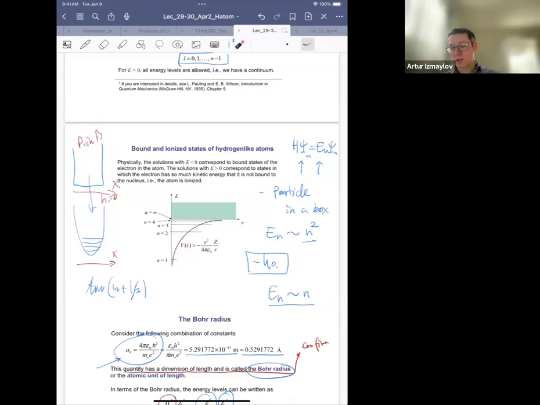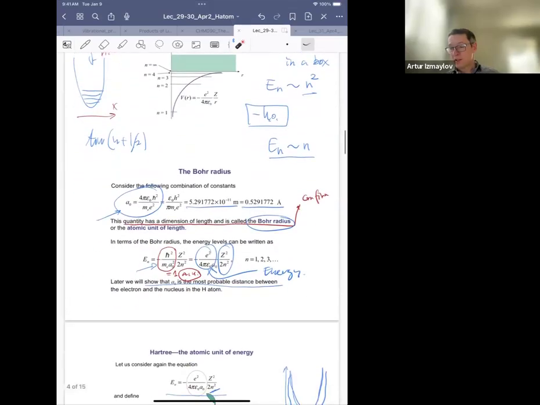Here, there is no separation. Essentially there is no kind of energy gap between these levels. They are dense. So what this means is no matter how close the two levels are, there is always a level in between. Okay, that's what continuum means. All right, great. Let's move on.